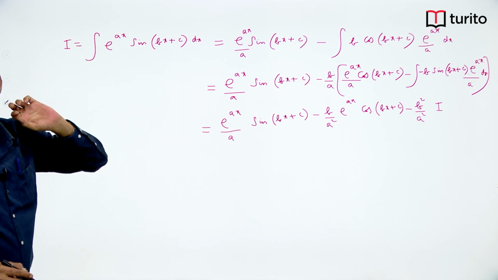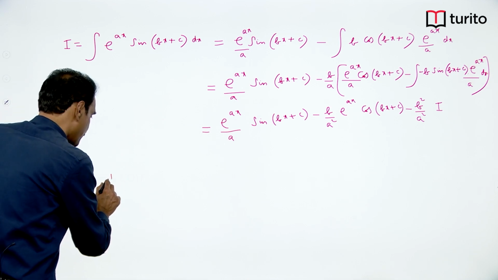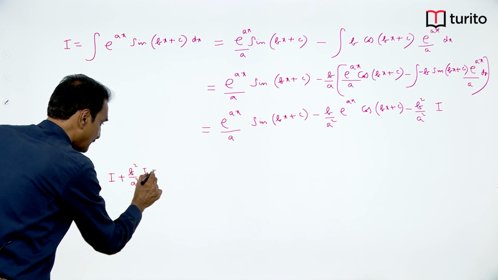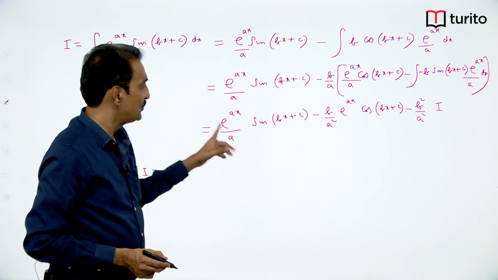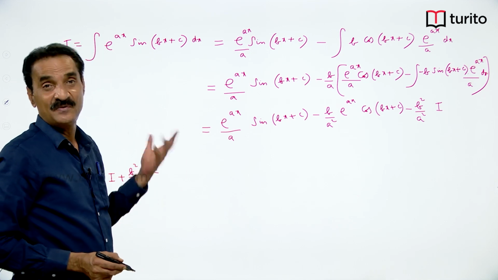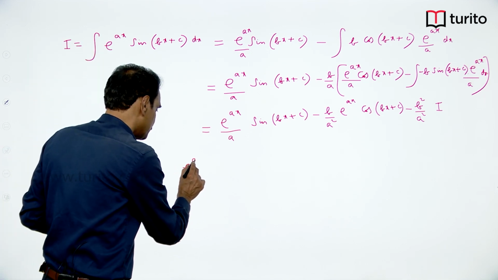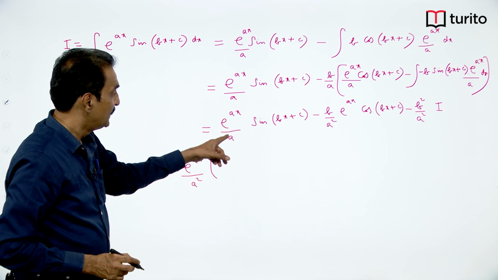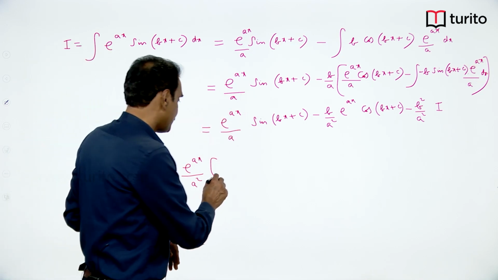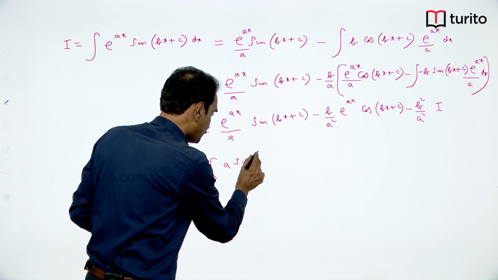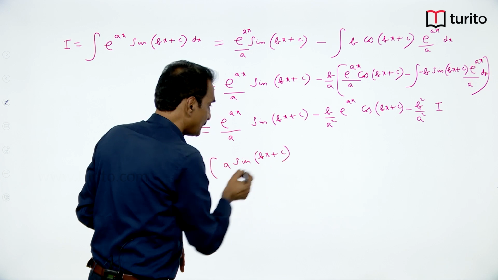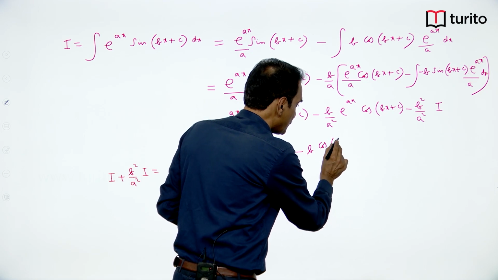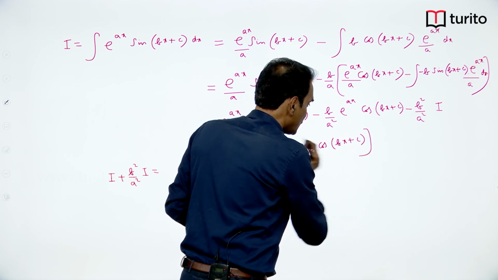I plus b²/a² into I is equal to, from these two we can take e^(ax)/a² common, into what we will get here: a sin(bx+c) minus b cos(bx+c). Bracket close.